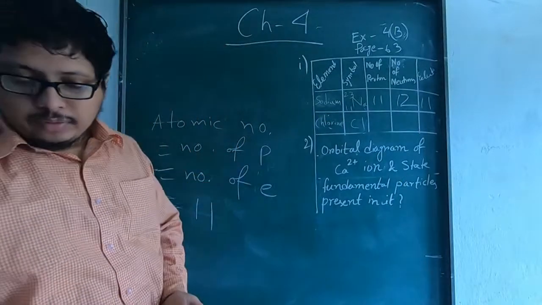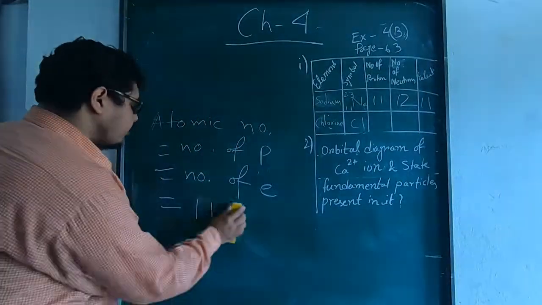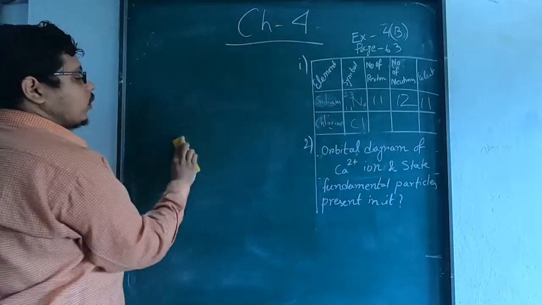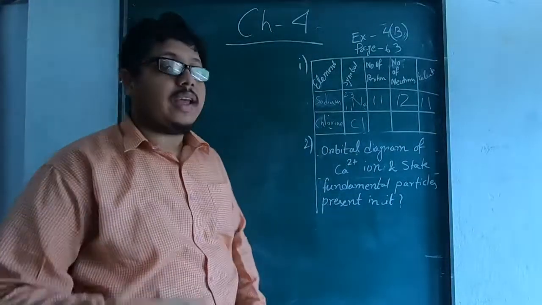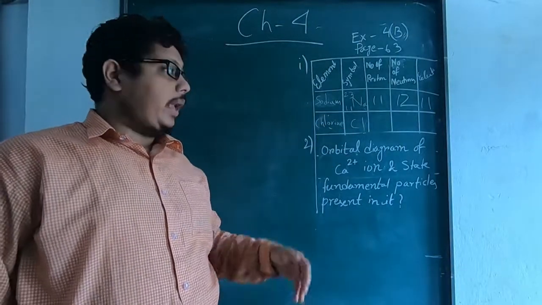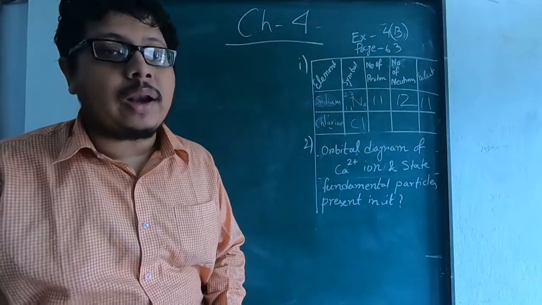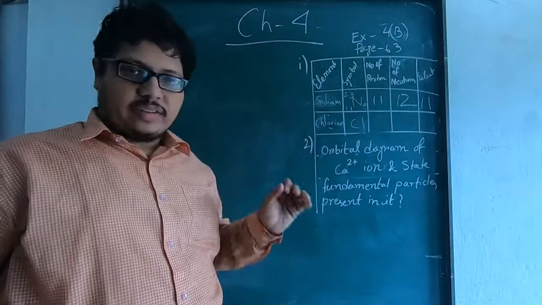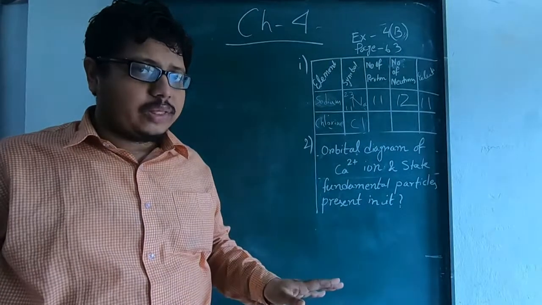The next example that I have chosen is chlorine. We will do this in a similar manner. See, for chlorine, again you need to know the atomic number and the mass number. The symbol is Cl. I hope there is no problem with that.